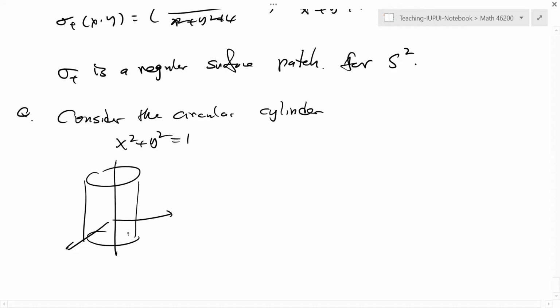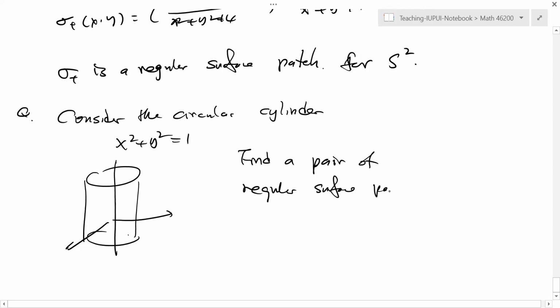I don't think we're going to cover the whole cylinder with one patch. Find a pair of regular surface patches to cover the whole cylinder.